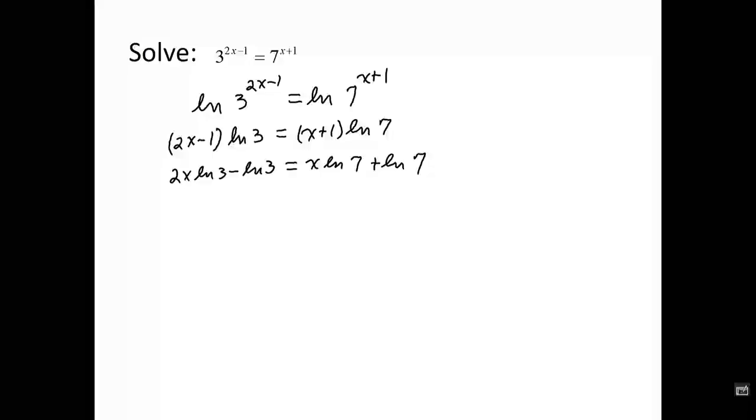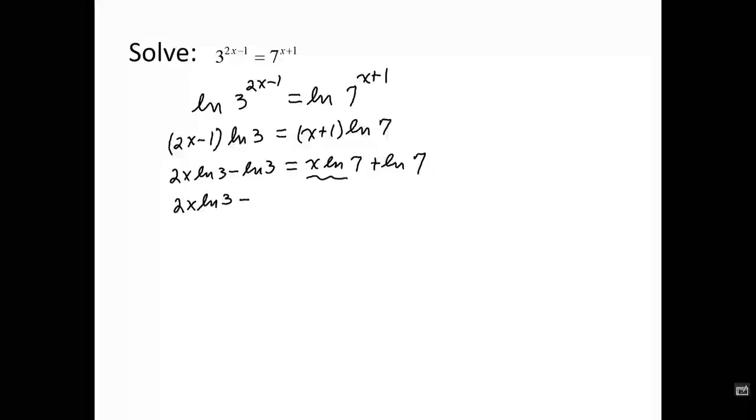All right? Now, what we'd like to do is to put all of the terms involving the variable x, the unknown, on one side of the equation. So we have 2x times the natural log of 3. The x times the natural log of 7 must be transposed from the right to the left-hand side of the equation.